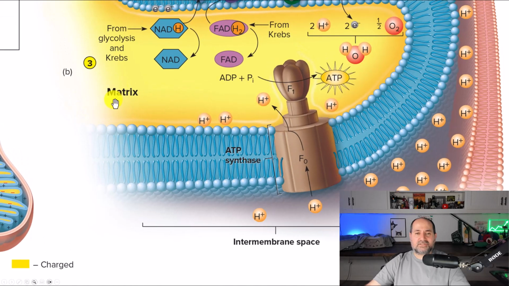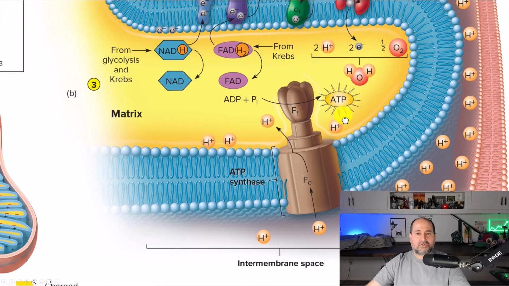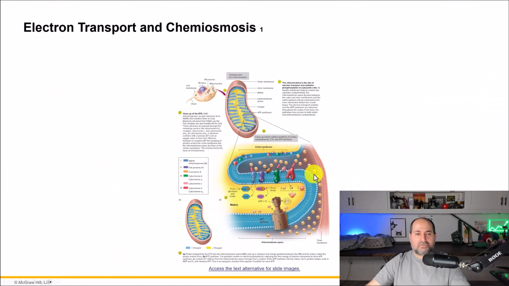The matrix is in the center of the mitochondria. The protons then diffuse through ATP synthase into the matrix, and that's what powers the ATP synthase to make ATP by joining ADP and inorganic phosphate to form ATP through a process known as oxidative phosphorylation. So that's the overview picture. And remember, a lion's share of the ATP is made this way by oxidative phosphorylation.